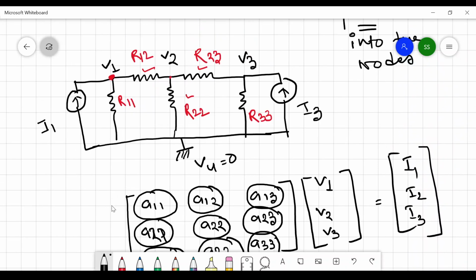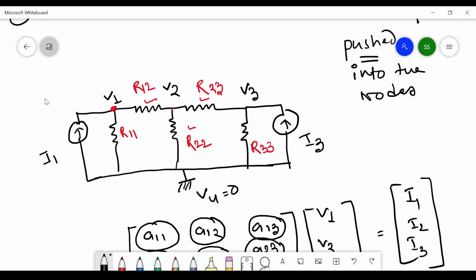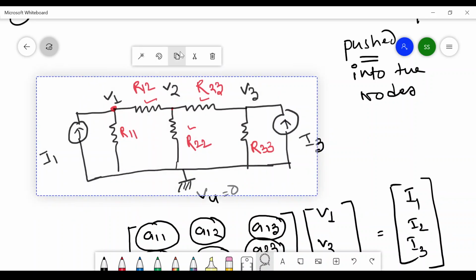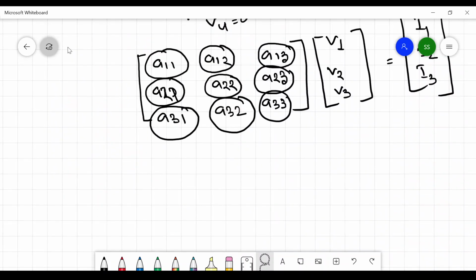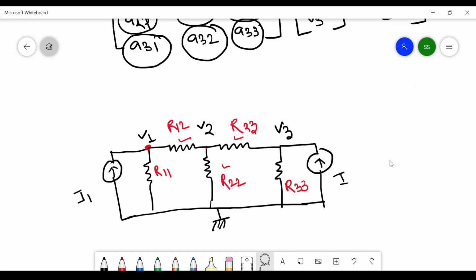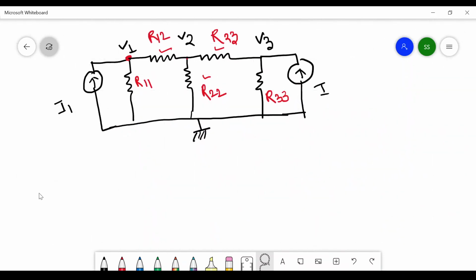So let us copy this particular thing. With respect to what I have said previously, how the matrix will look like.